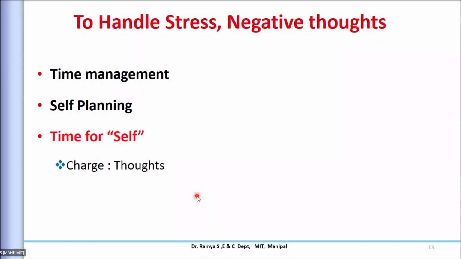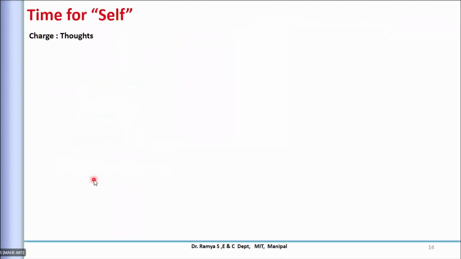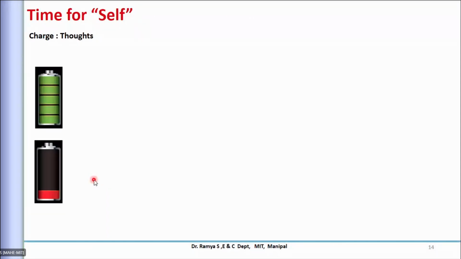So this self is nothing but thoughts. As I told, thoughts are nothing but energy, so it can be positive or it can be negative. When I say a thought, I can relate this to the charge of a mind. I can represent a full battery, or a battery that is deprived, with less charge in it.